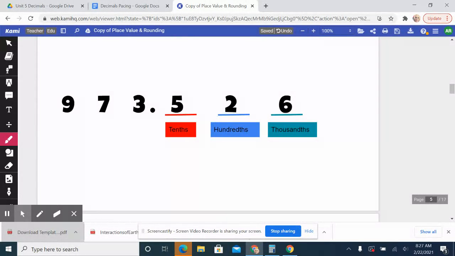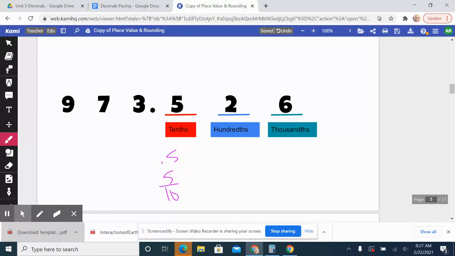Okay, so here we have an example, 973.526. So this 5 really means 5 tenths, or we could say 0.5, or we could write it 5 over 10. So decimals and fractions, they're the same thing. They're equal, right? One is written as a decimal, one is written as a fraction.